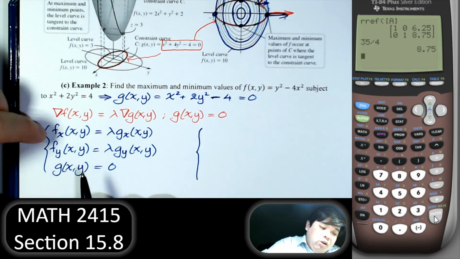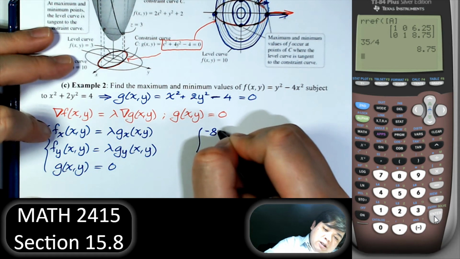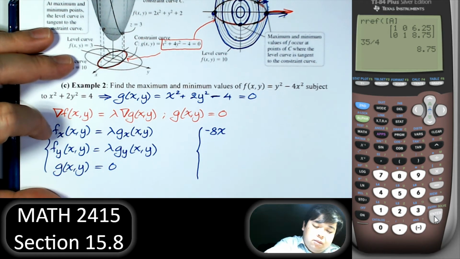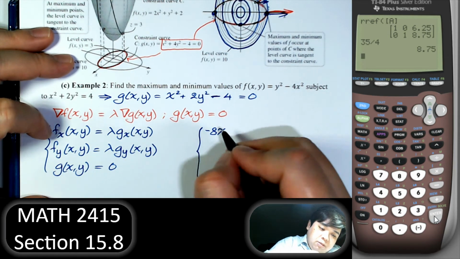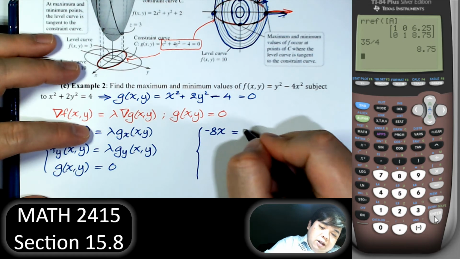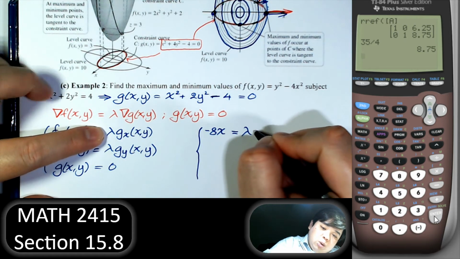Right. Derivative of f with respect to x, negative 4x, and then equal to lambda times the derivative of g with respect to x, 2x.